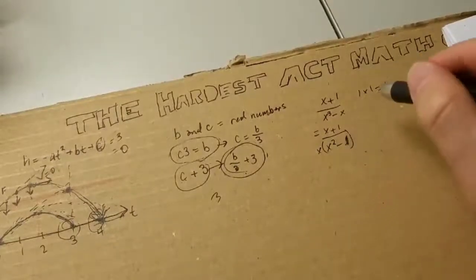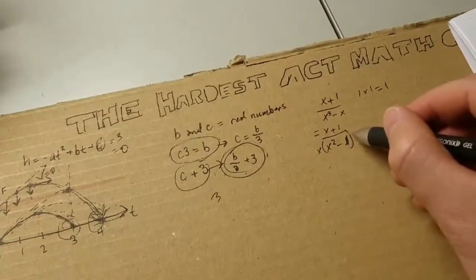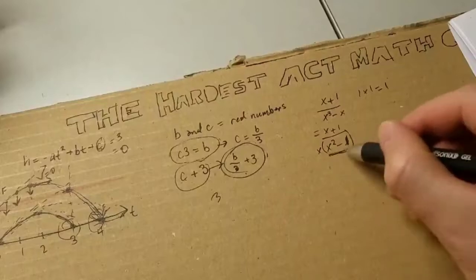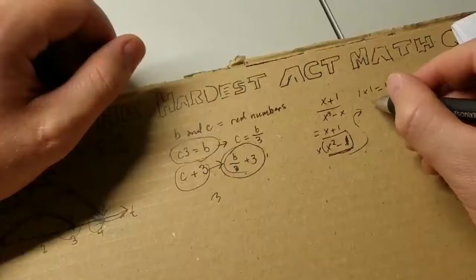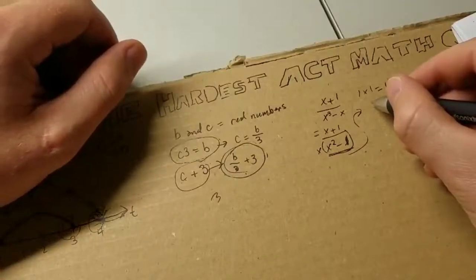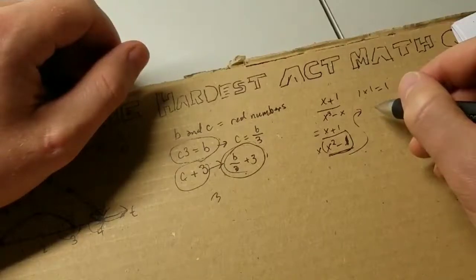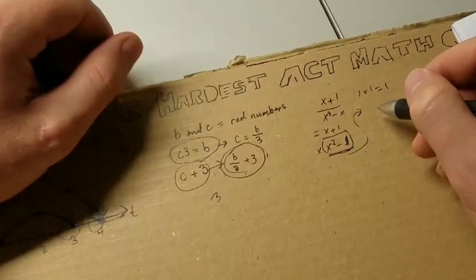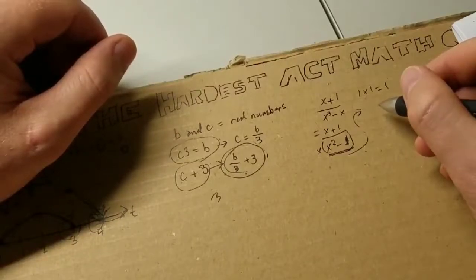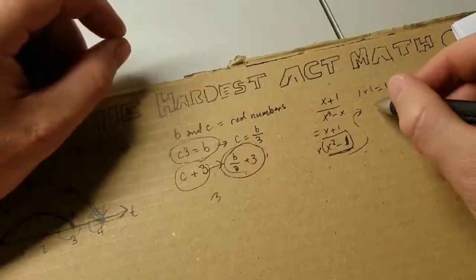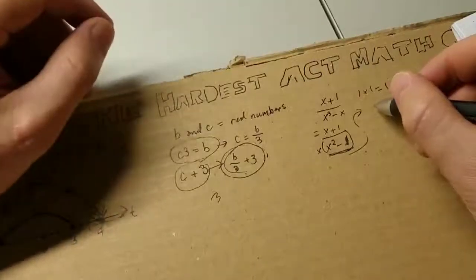So the difference of squares is where we take this, and it's like when you try to, what's the word? I forget it.